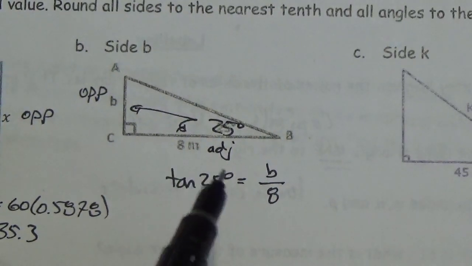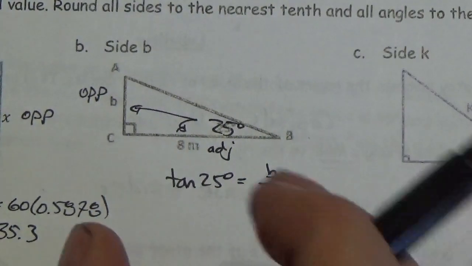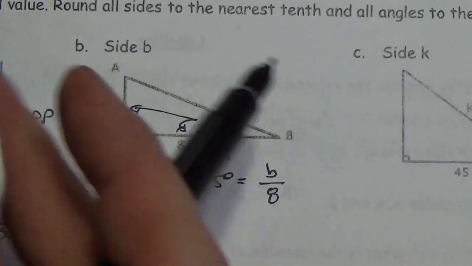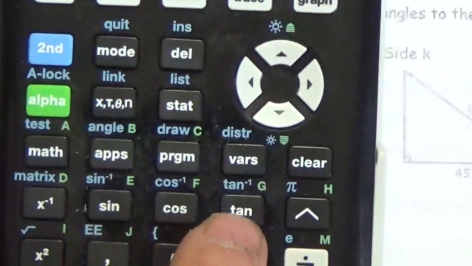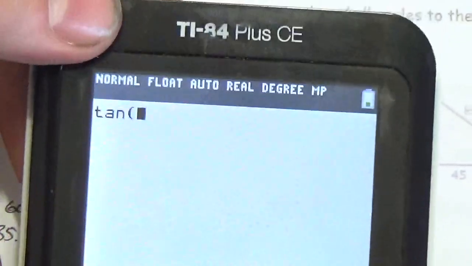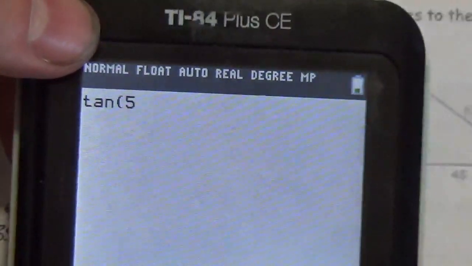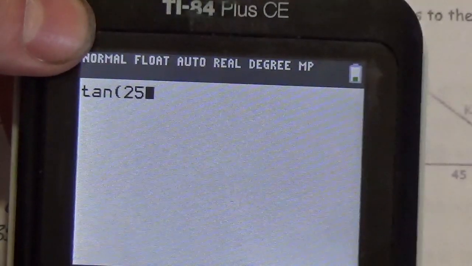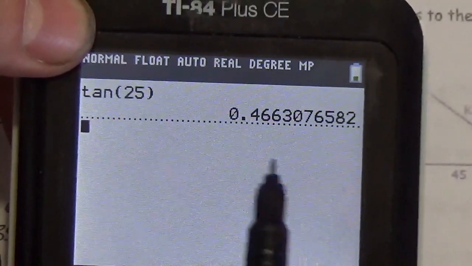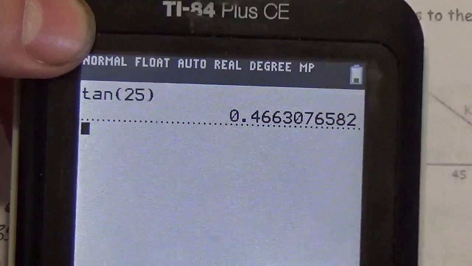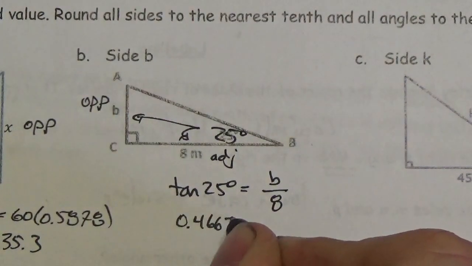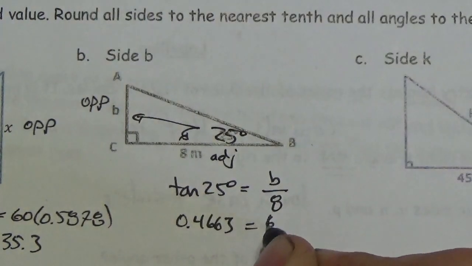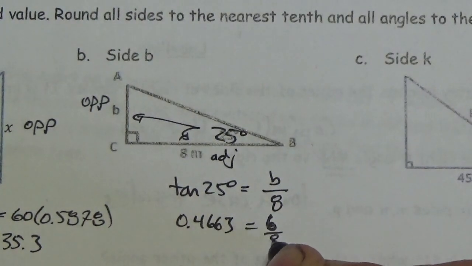So if I could figure this out, then I would have that unique ratio that I can compare to this one. And once again, the calculator does, because there's my tan button. So the tangent of 25 degrees, press enter, and I'm going to get 0.4663. 0.4663 will equal B, sorry, I read my own writing wrong there.